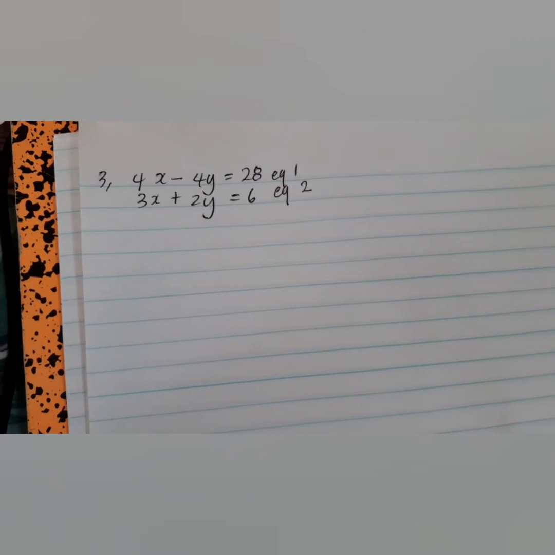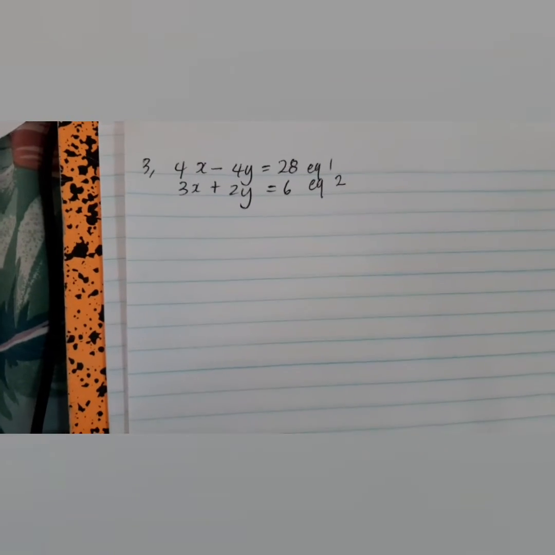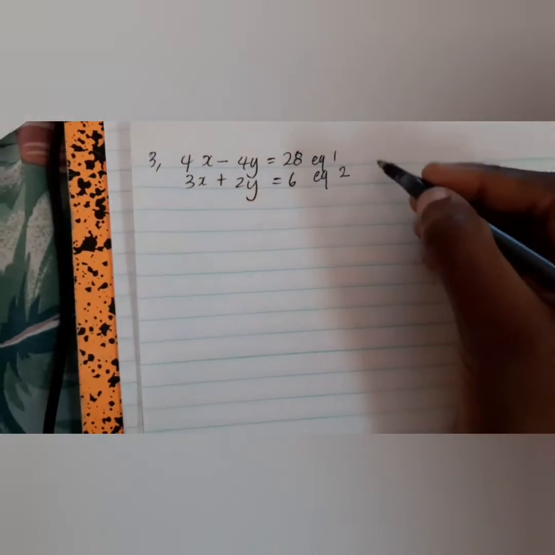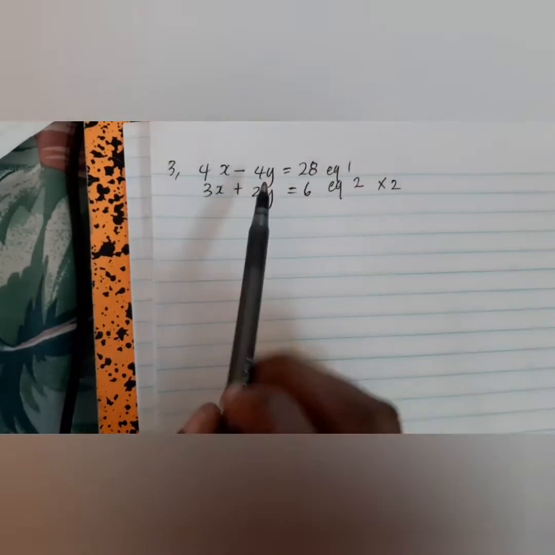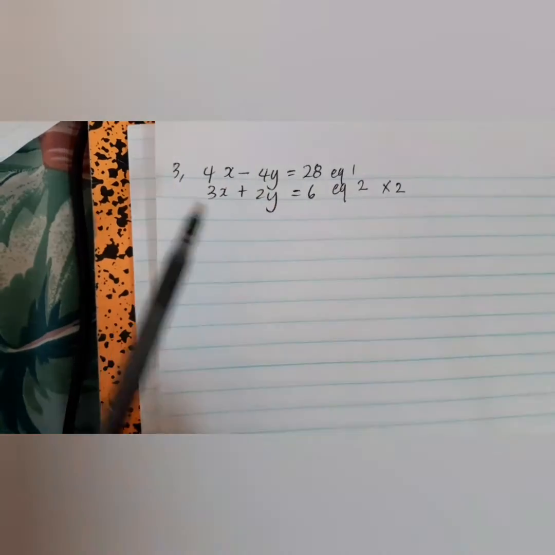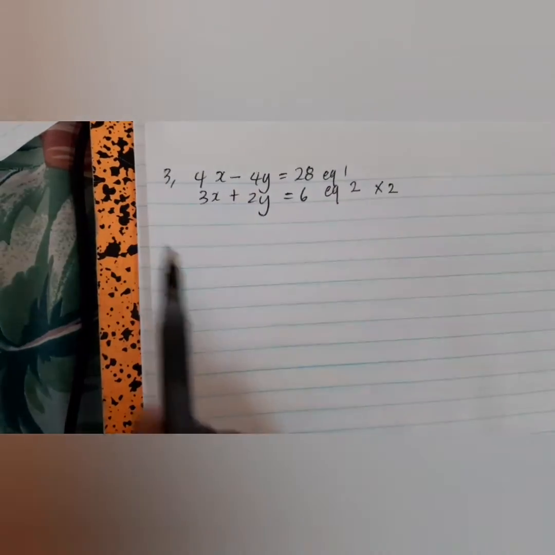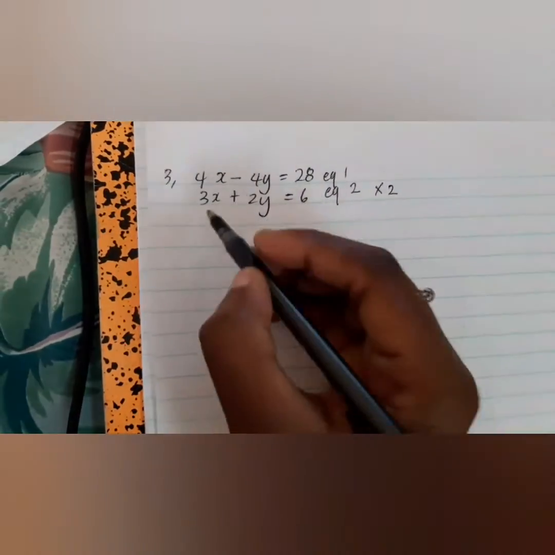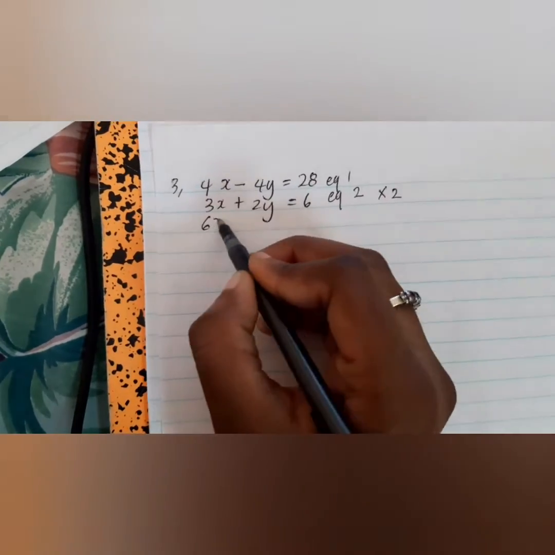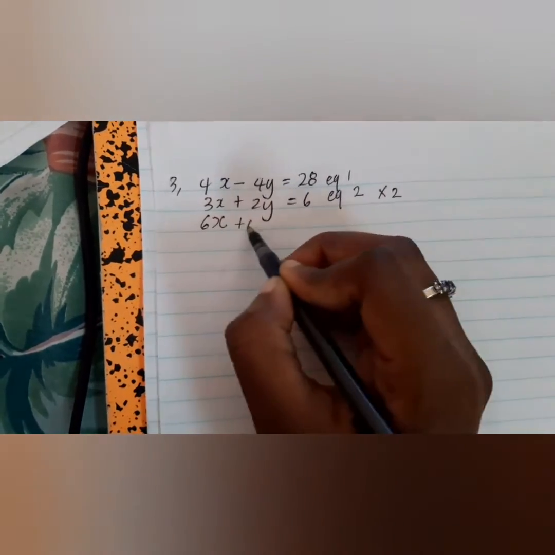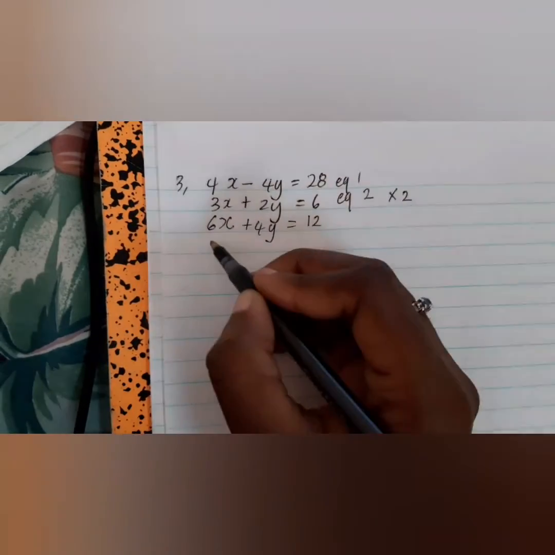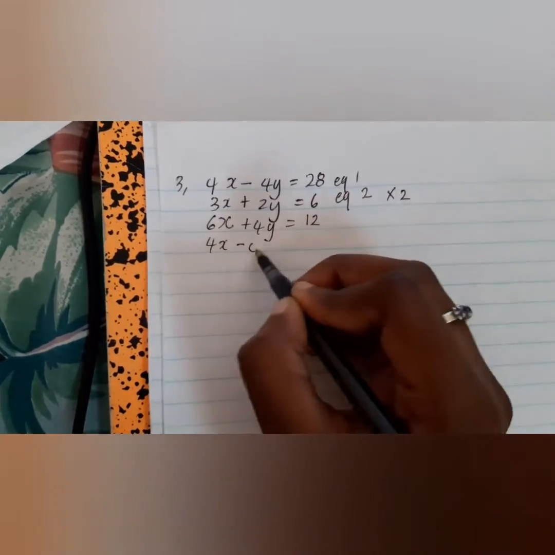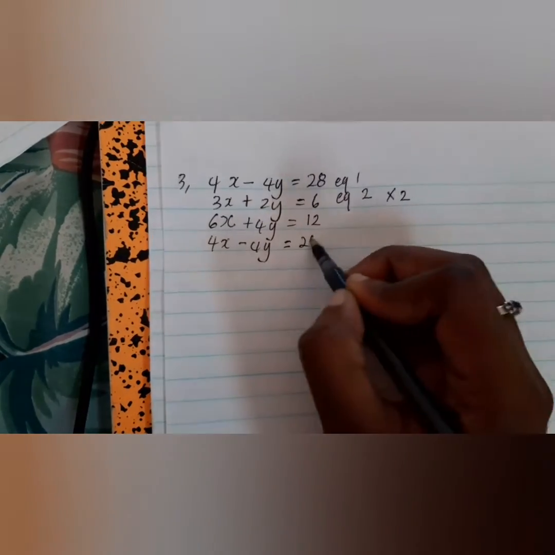And I'm going to use the elimination method for this one. So I'm going to times equation 2 by 2 so that I get 4y. So we can easily eliminate. So we have 6x plus 4y equal to 12. 4x minus 4y is equal to 28.